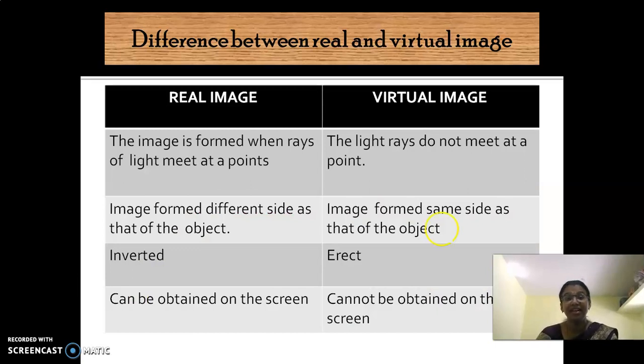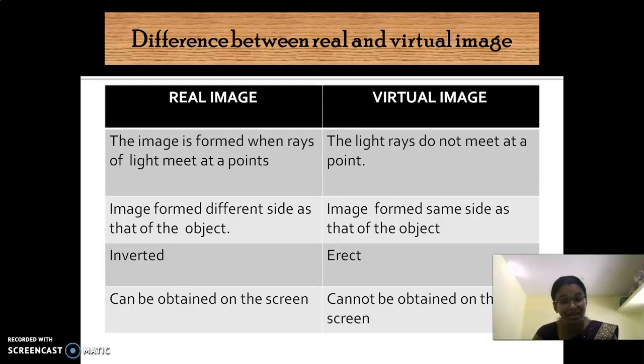Difference between real and virtual image. Real image is formed when the light rays meet at a point. In virtual image, light does not meet at a certain point. In a real image, the image is formed on the different side from the object, so the image will be on one side and the object on the other side.